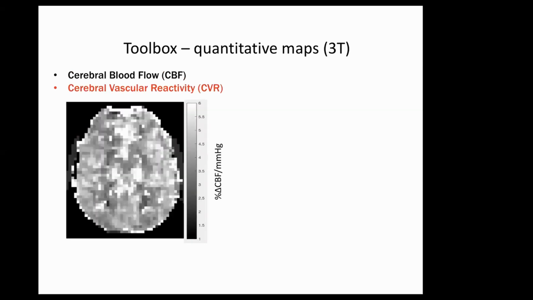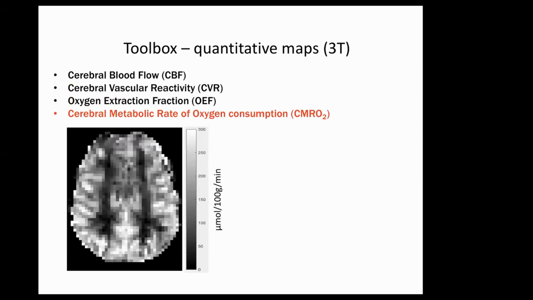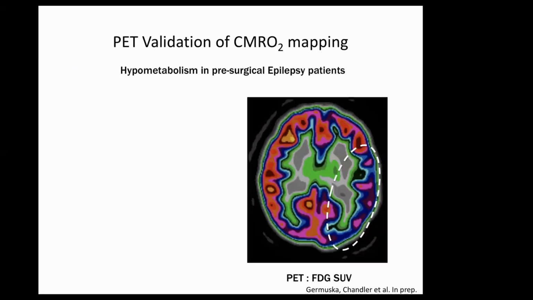One of the positive things, if you like, of going to all the trouble of doing these gas challenges is that you get other measurements besides oxygen extraction fraction. Vascular reactivity, as previous talks in this group have concentrated on, gives us interesting information about vascular function.